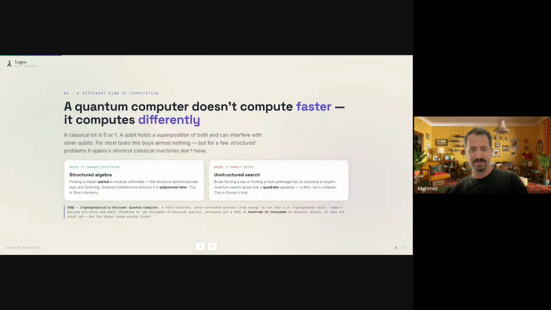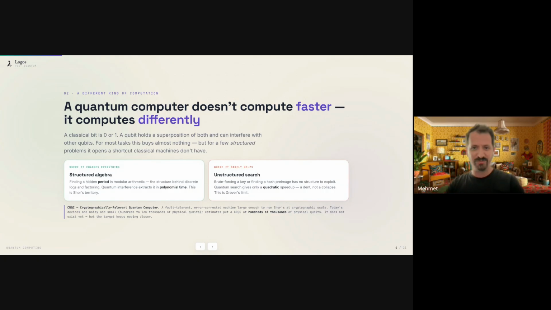But now we have a different type of computer, and its name is the quantum computer. The structure of a quantum computer is a bit different from the classical one. In a classical computer, we just use bits, and one bit can be 0 or 1. But a quantum computer uses qubits, and a qubit can be 0 and 1 at the same time, or whatever is between 0 and 1.